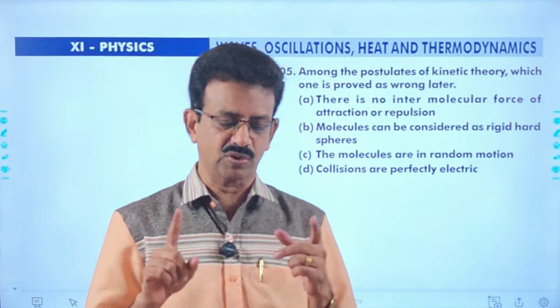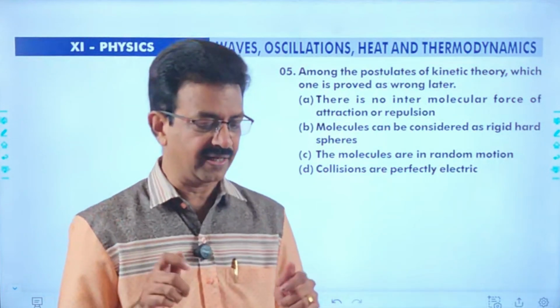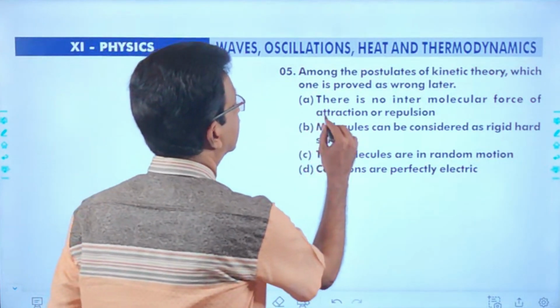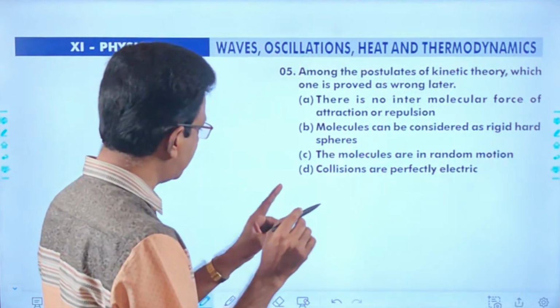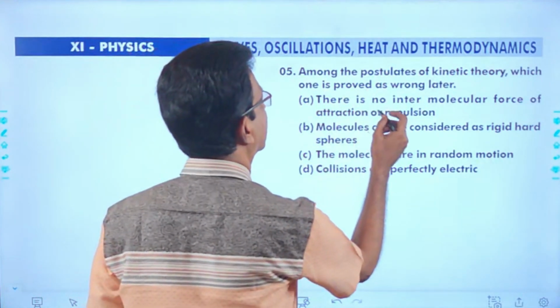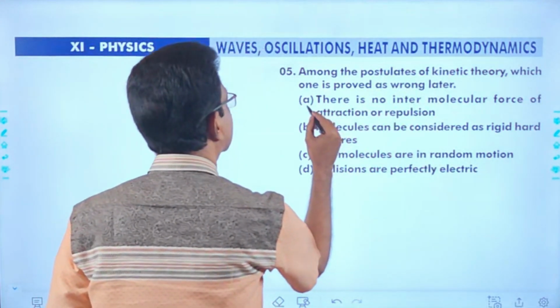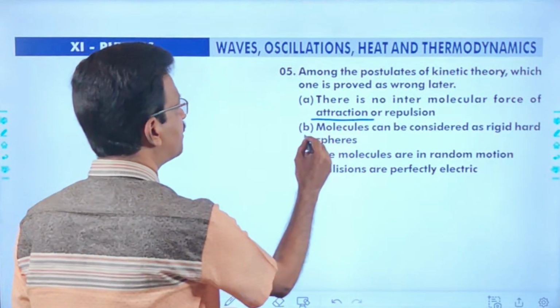In the given question number 5, which one is proved as wrong later? First one, there is no intermolecular force of attraction or repulsion. It is a postulate among the 9 postulates which is proved as wrong later. Let's check the others also.